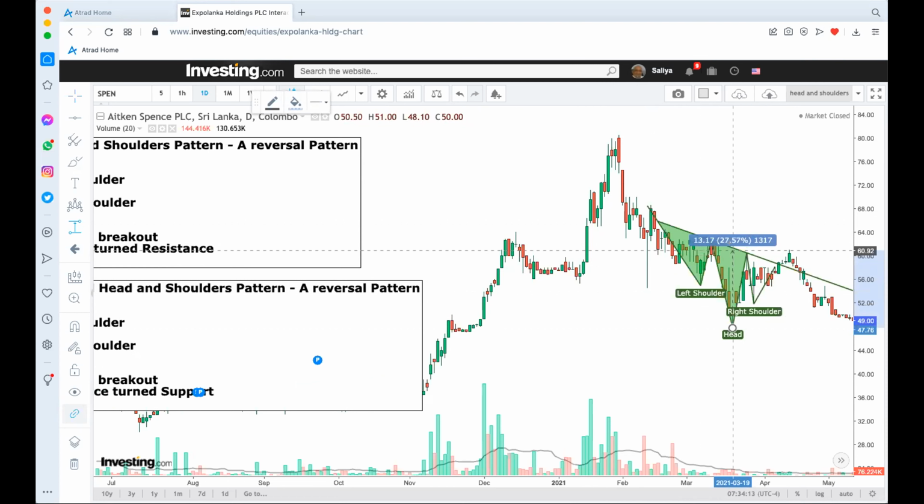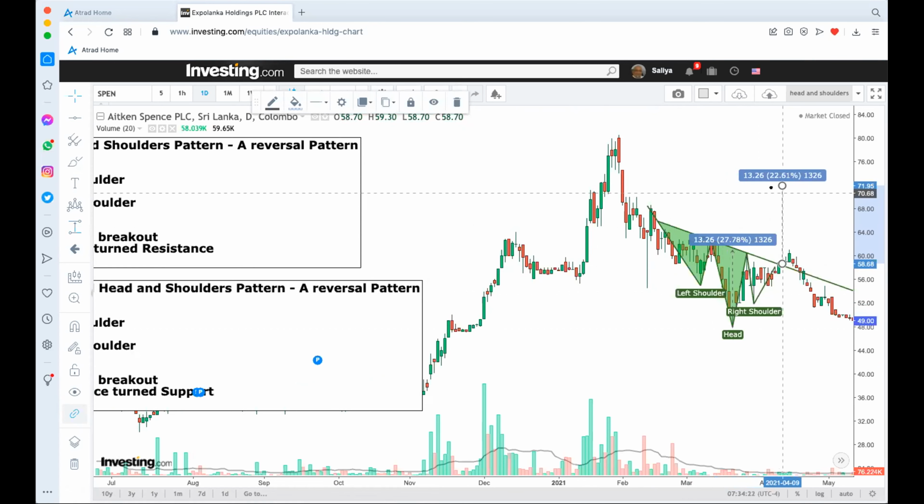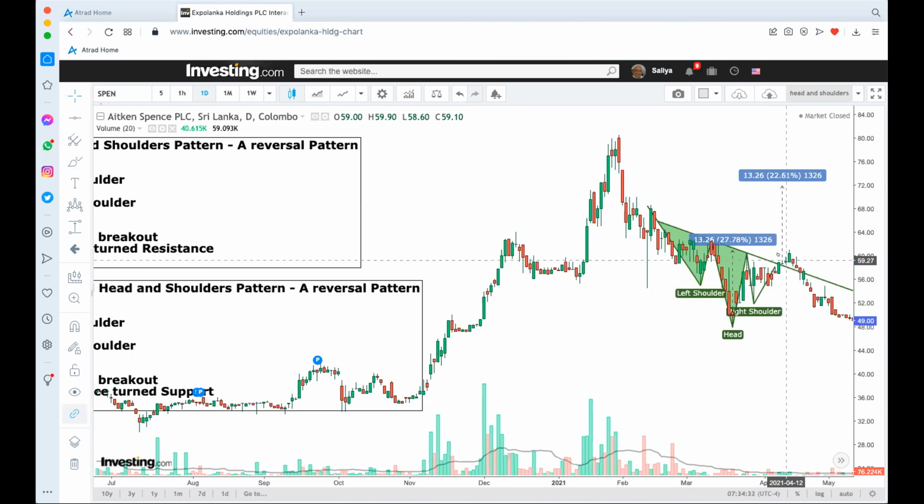This is the projection. We are going to clone it. Then we will be dropping it here, right? For the time being, because we saw a breakout now, which is the resistance. There was a breakout to become a support line from a resistance line.